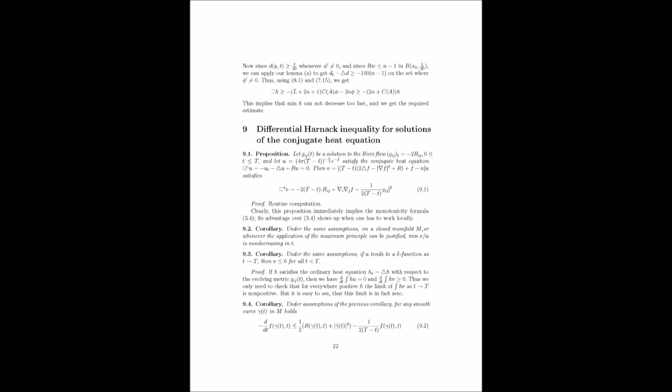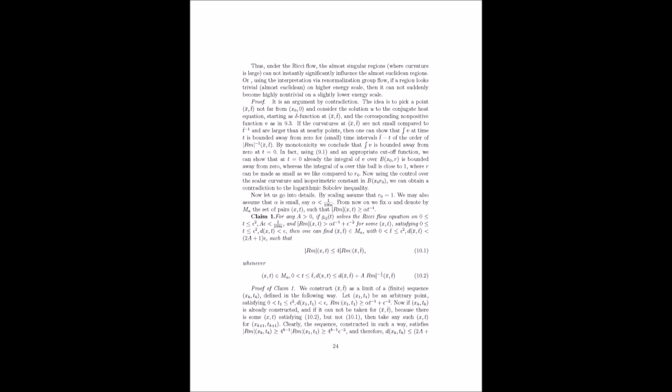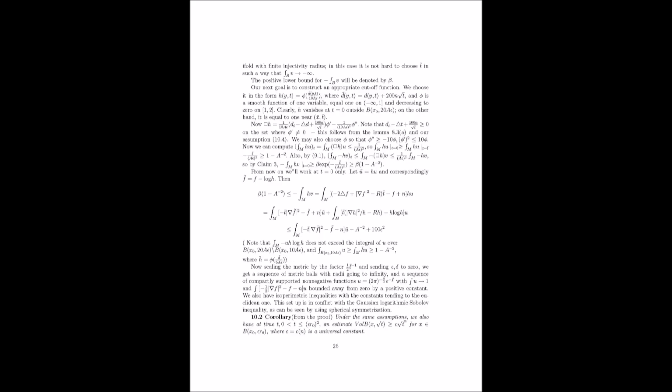Exactly. And the truly remarkable thing is that this reduced volume also exhibits monotonicity under the Ricci flow. Hold on. It can only decrease or stay the same, never increase. That's right. It's like the W functional all over again. You got it. They're both providing different but complementary perspectives on the same underlying phenomenon: the way that the Ricci flow smooths out the geometry and drives it towards these equilibrium states.